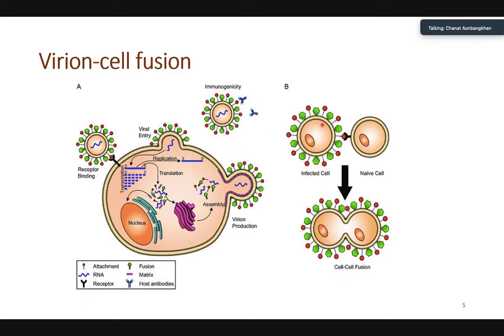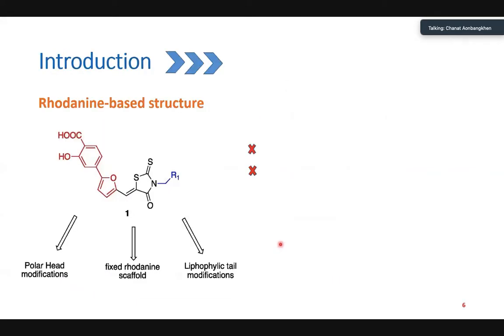Now, which will lead to the infection of the cells, and the cells can also infect other cells to form cell-cell fusion. So basically, this cell and virus fusion can be stopped by the rhodamine-based structure, which is the main focus of this paper.